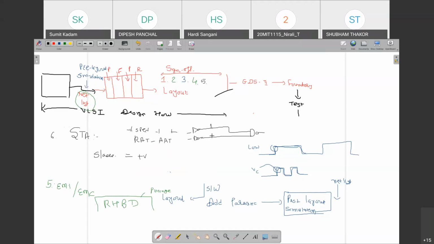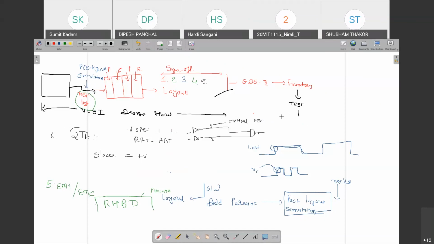There are two nets, net 1 and net 2. I am saying net 1 is critical. What do you understand by critical net? Net 1 is critical, net 2 is not critical. Having the largest delay. Yes, the net which has the largest delay is the critical net.